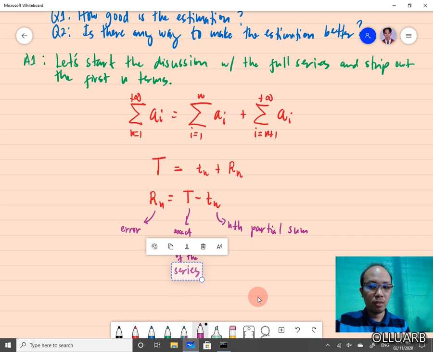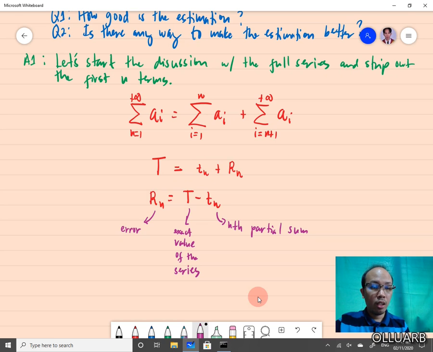To get the actual value, it is beyond this topic. In our previous topic also, we didn't discuss that. So as I've said, we can get the actual value of the given series using a calculator, maybe an online calculator, or software like Mathematica, Maple, or other online calculators.